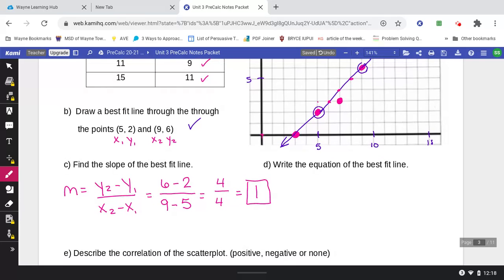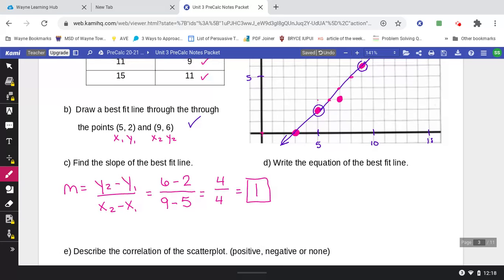Next thing we're going to do is write the equation of the best fit line. In order to do that, we're going to write it in point slope form, which is y minus y1 equals m times x minus x1. So we'll use our x1 and y1 from part B, and of course our slope that we found from part C1. Y minus 2 equals m, which is 1, times x minus 5.